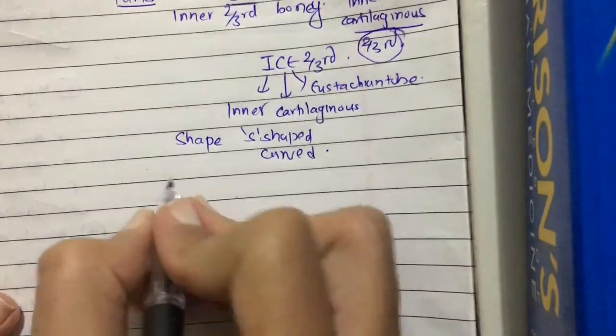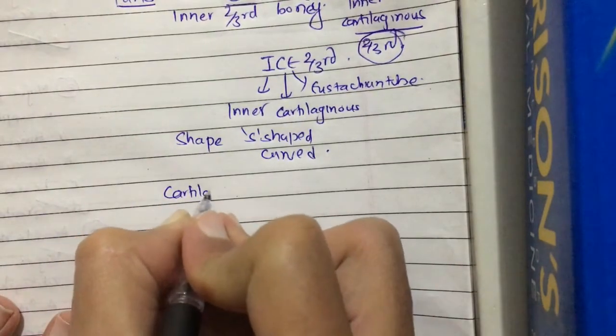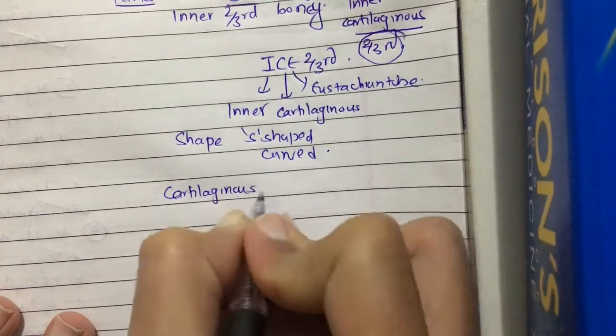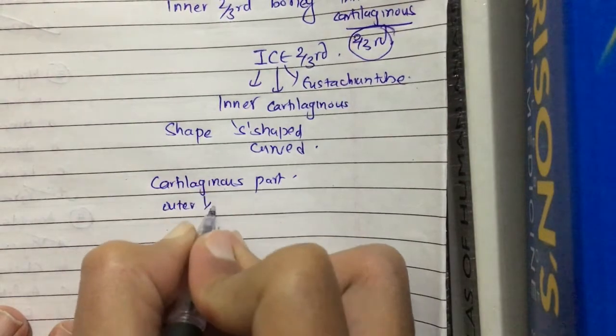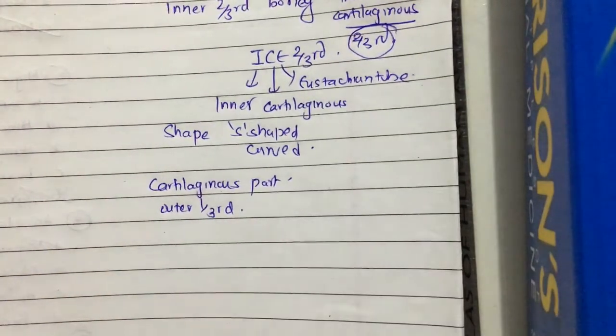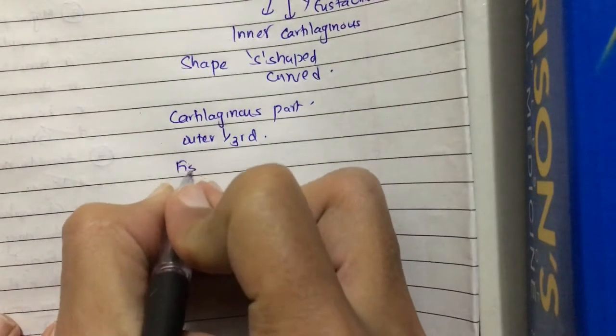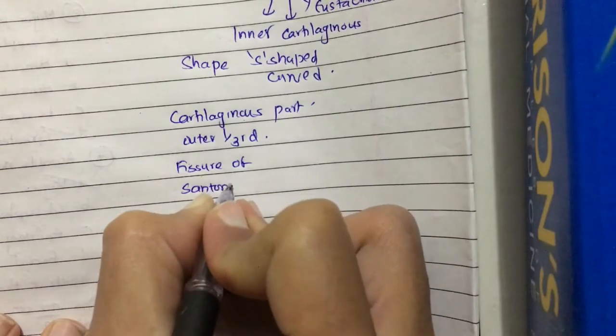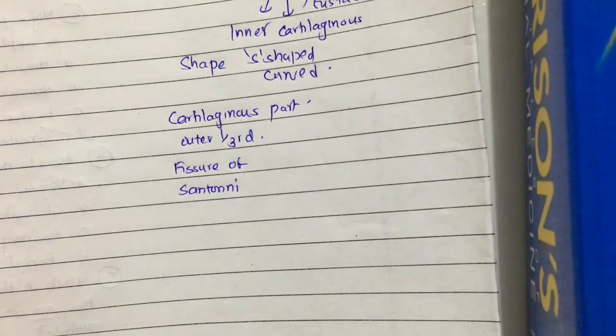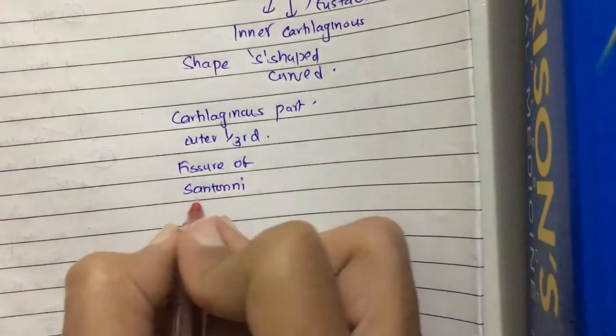Now let us discuss the cartilaginous part. The cartilaginous part of the external auditory canal is the outer 1/3. In the cartilaginous part, we have a fissure known as the fissure of Santorini. We sometimes get confused about where the fissure of Santorini lies.